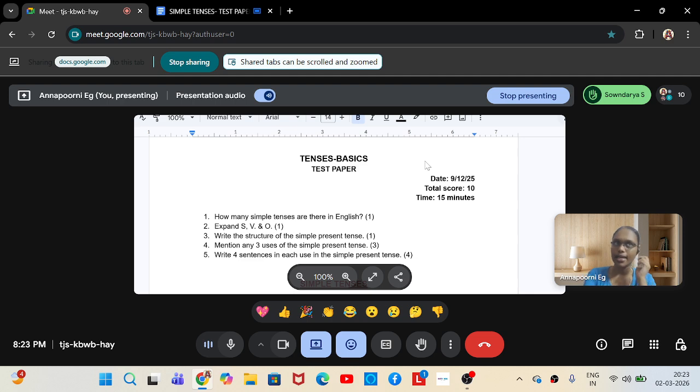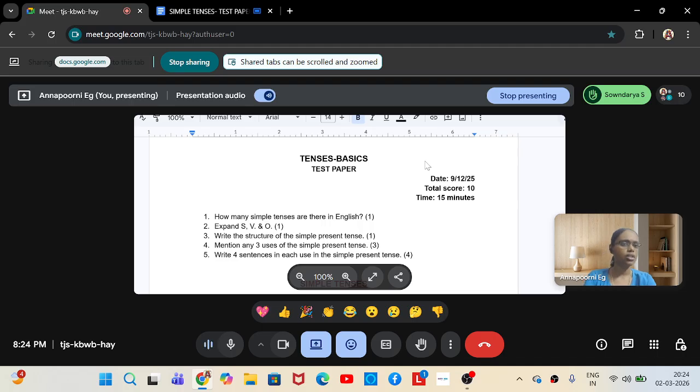You can never add ing to V3 forms. We can't write eatening, givening, spokening. Not possible, right? So ing should always be added with the first form of the verb. Okay, whatever be it, only with the V1 form, only with the first form you can add ing.